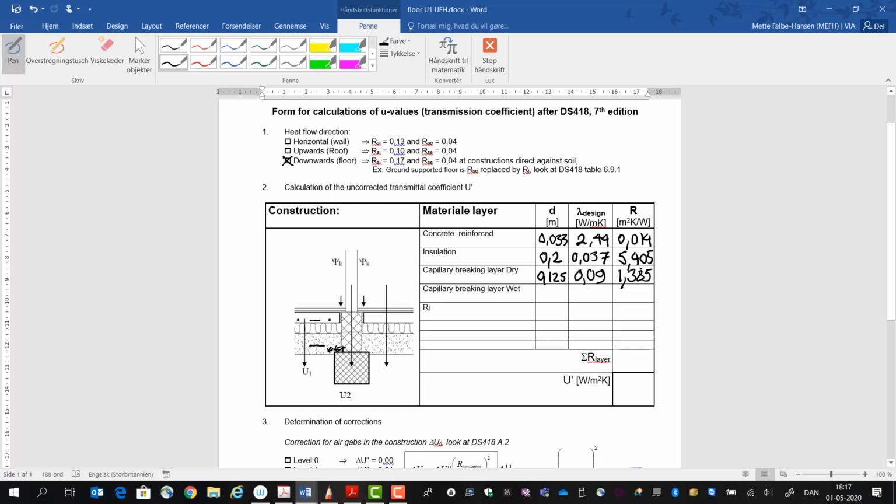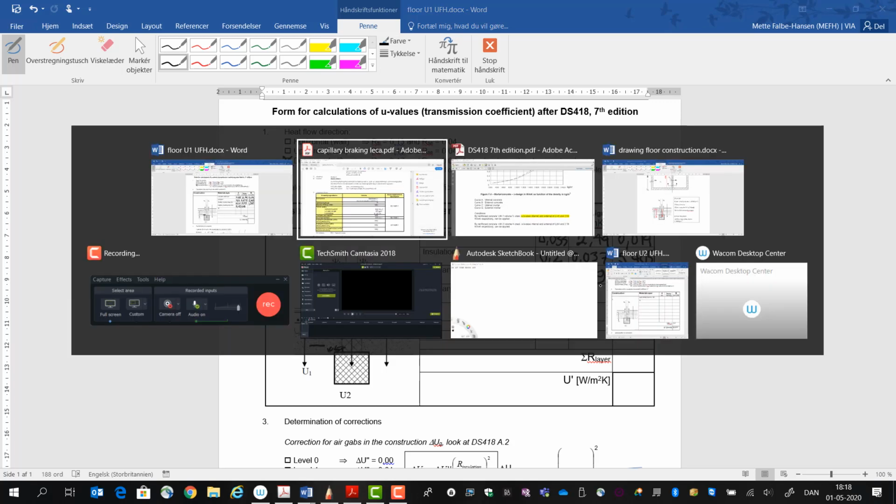Then we have the wet layer, where the moisture can be sucked up. That would be the rest of the 200, so those 75 millimeters, 0.075. It has the same lambda value, it's just that we need to multiply it by 1.2, and we can see that in DS 418.